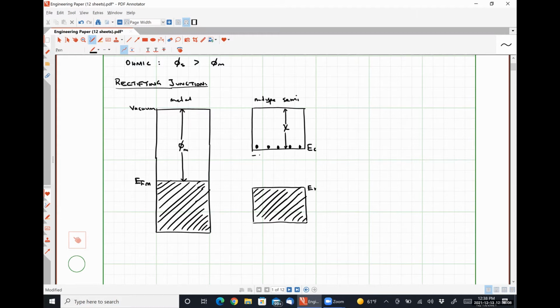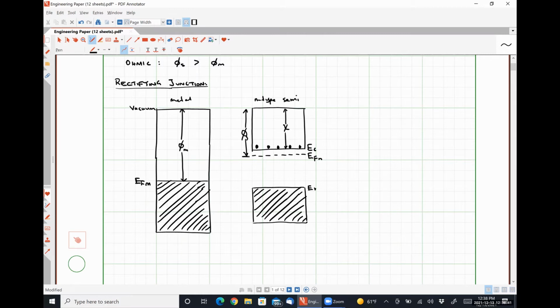So let's call this dashed line EFN, for the Fermi level of the N-type material. And the distance between the vacuum level and the Fermi level in the semiconductor is the work function of the semiconductor, defined in the exact same way: the amount of energy required to move an electron from the Fermi level to vacuum outside.